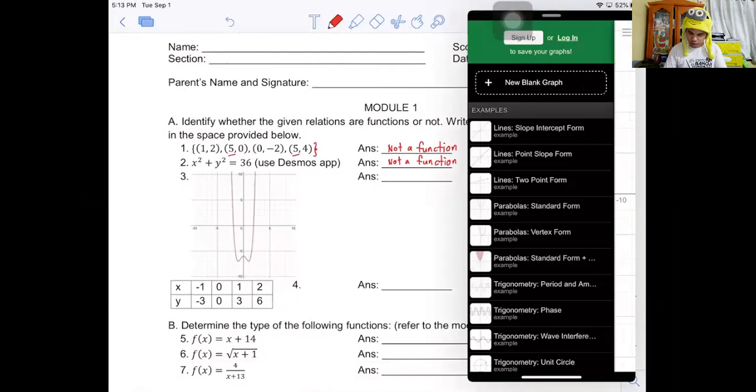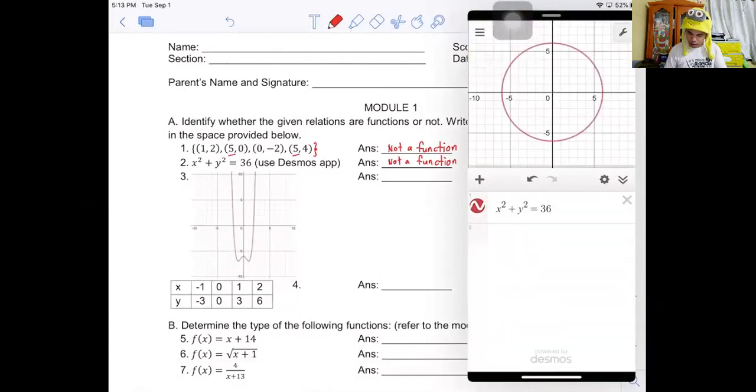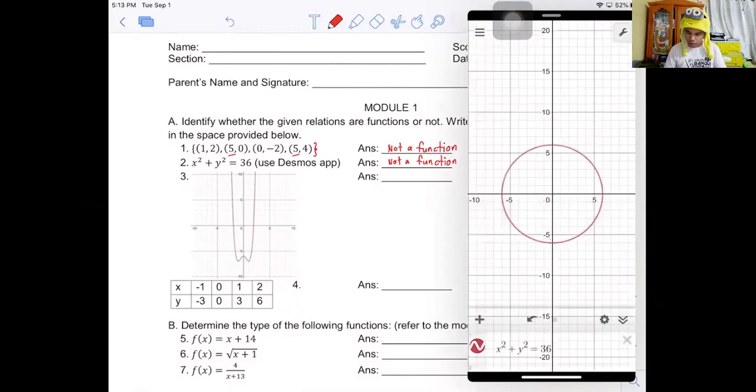So I have graphed it already, guys. This is its shape: x squared plus y squared equals 36. It is a circle. So my question is, what is the maximum number of times that our graph intersects a vertical line? The answer is 2.